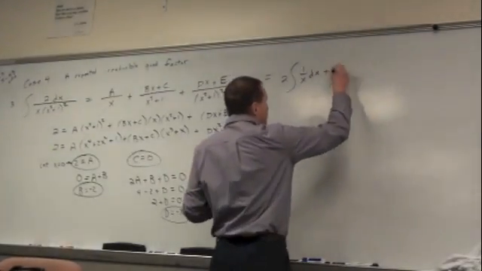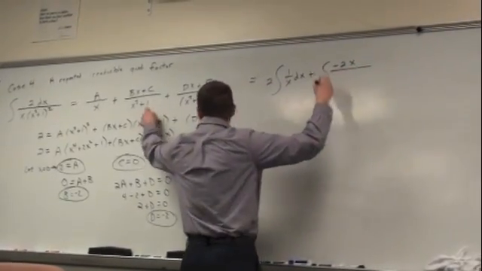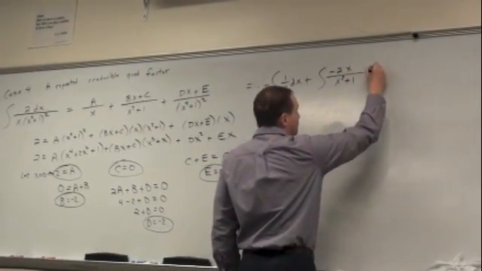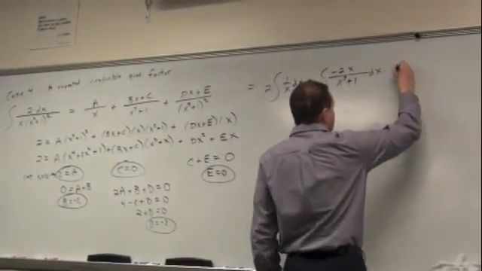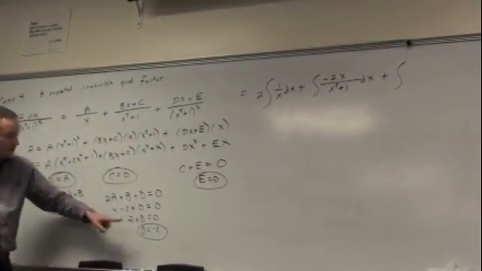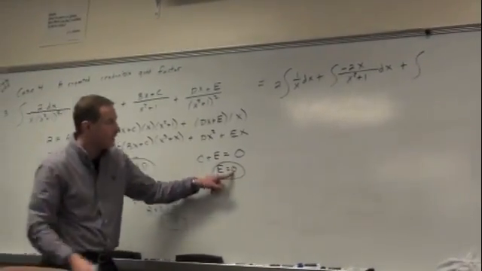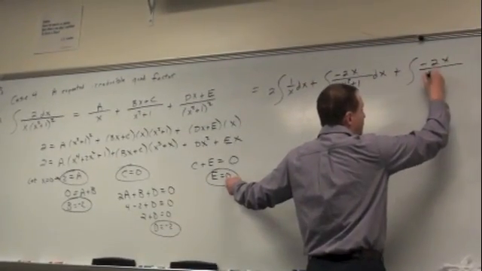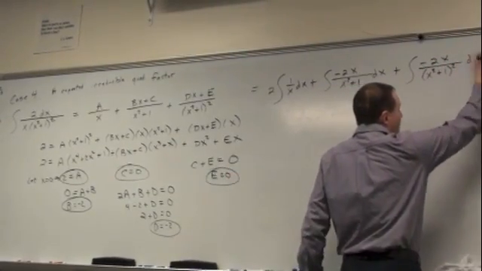So I'll get plus the integral of negative 2x over x squared plus 1 with respect to x. I add to that plus the integral of Dx plus E, here's D, negative 2x plus E, over x squared plus 1 quantity squared with respect to x.